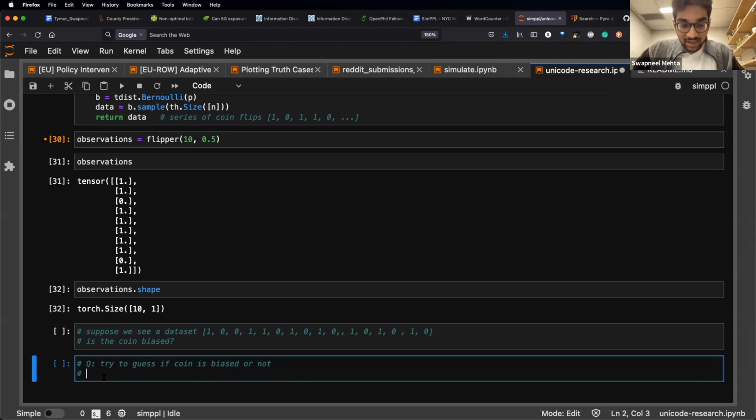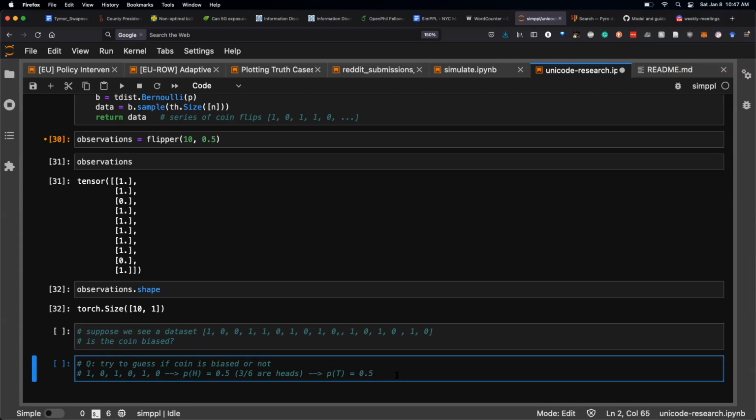You said if I see 1 0 1 0 1 0, then this means that the probability of heads is equal to 0.5, because about 3 out of 6 are heads, and so the probability of tails is also equal to 0.5. Is this correct? Yes. Cool.